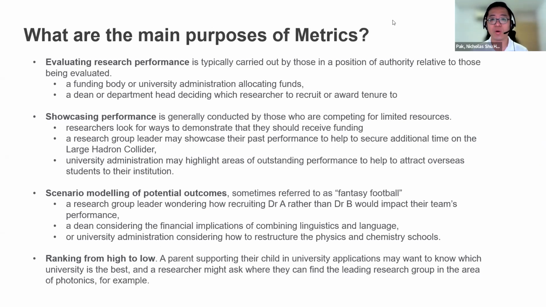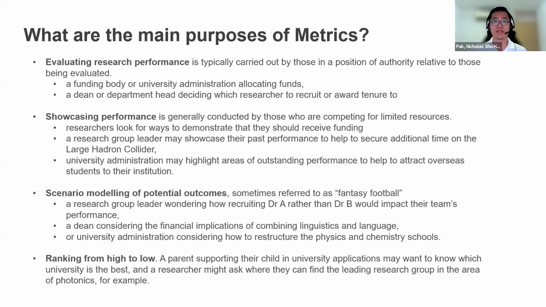Some of you will be asking, what are the main purposes in terms of metrics? So we talk about evaluating research performance, and this is typically carried out by those in a position of authority relative to those being funded, such as a funding body or university administration, which is allocating funds, or a dean or department head deciding on which researcher to recruit or to award a tenureship to.